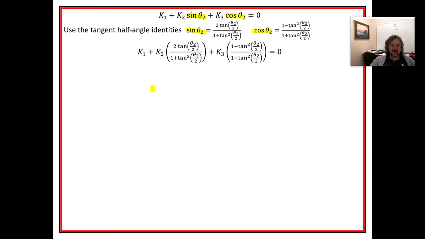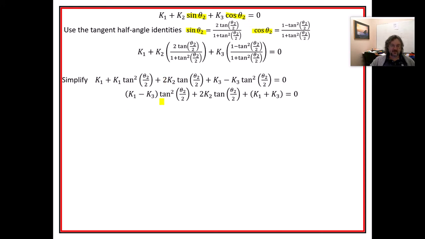All right, and the usefulness of this is that now we don't have a sine and a cosine, we're dealing with all tangents, and as we pick the thing apart, we can reduce it down into a quadratic equation right there. That's our goal right here, as we've played around with this thing, and so now what we could do is just solve for the possible solutions of the simplified equation right here, right?